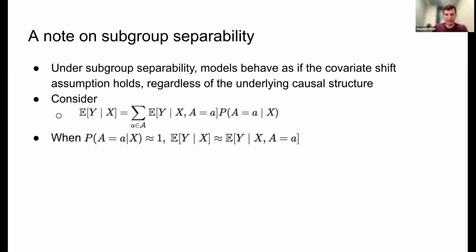And so I also want to briefly mention a special case here that behaves very differently from anything we've discussed so far. This is the case where the subgroups are separable, meaning that it's possible to predict subgroup membership with high accuracy from the data.